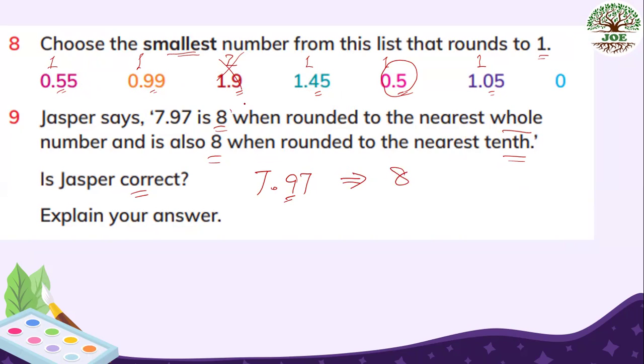Okay, this is right. And for the nearest tenth, 7.97, we have to look at this digit. This is 7, so 9 rounds up to 10, and 7 becomes 8. So his number must be 8.0. If the number is rounded to the nearest tenth, there must be a digit in the tenths place, even if it is 0, just like this, okay?